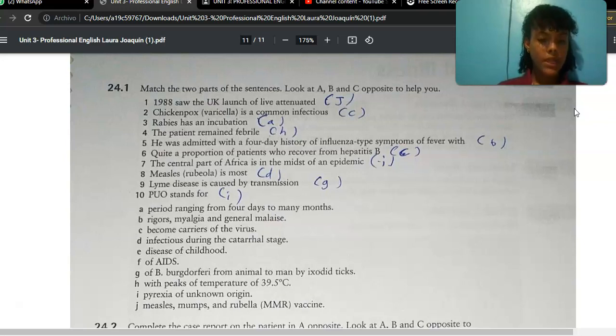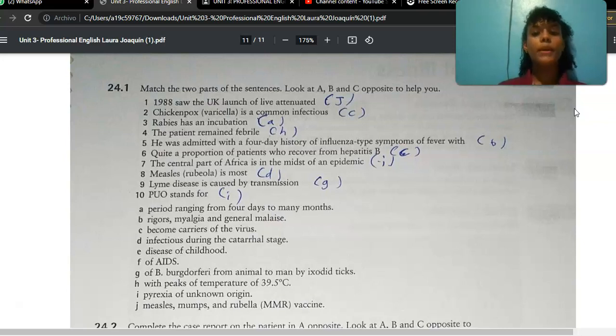febrile, with peaks of temperature of 39.5 Celsius. He was admitted with a 4-day history of influenza-type symptoms of fever with rigors, myalgia, and general malaise.